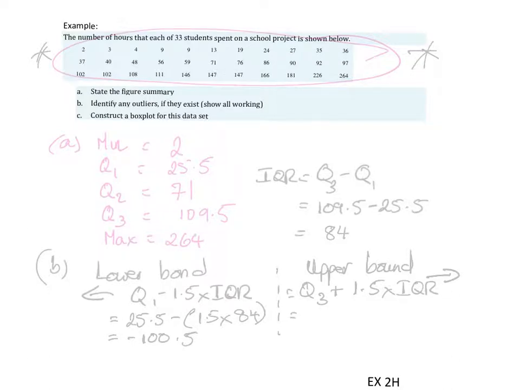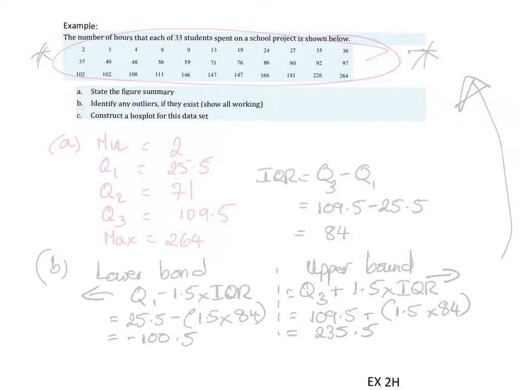And Q3 is 109.5 plus 1.5 times by 84, and we end up with 235.5. Now again, we ask ourselves, is there any value in that data that is bigger than 235.5?